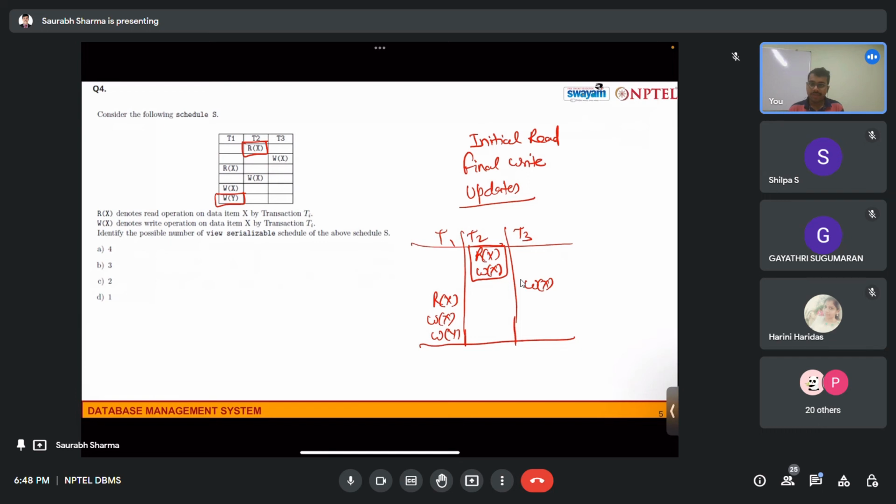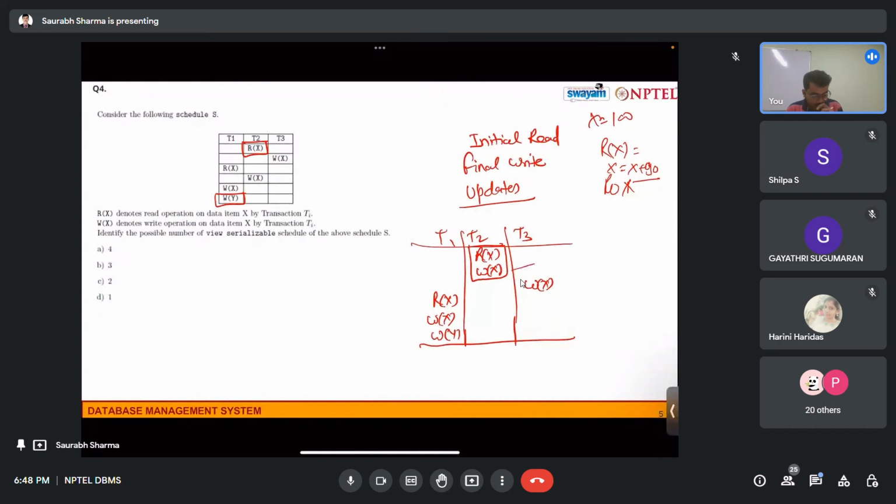For checking purposes, you can take any value of x and apply any operation. Just consider Rx, x is equal to 100, and in between Rx and Wx consider any operation, like x is equal to x plus 90. Just do it and print the value after execution of these operations. Okay, one view equivalent may be this.